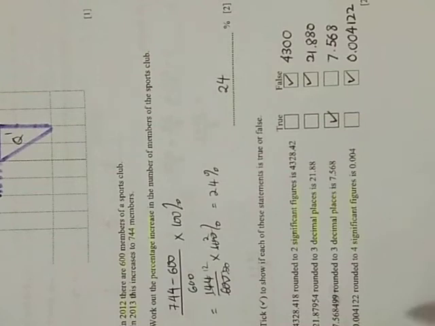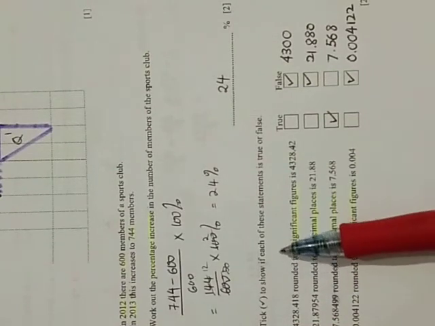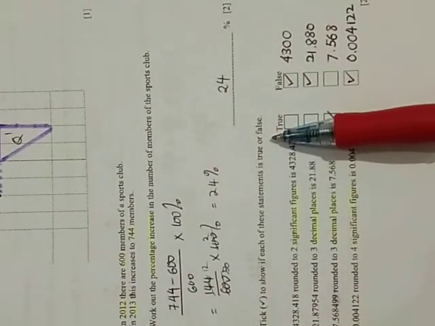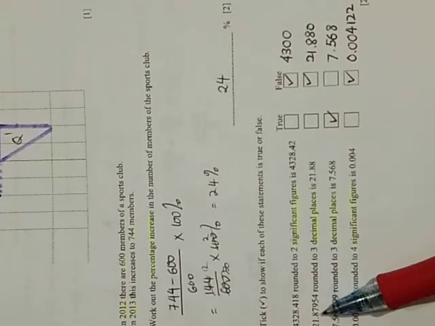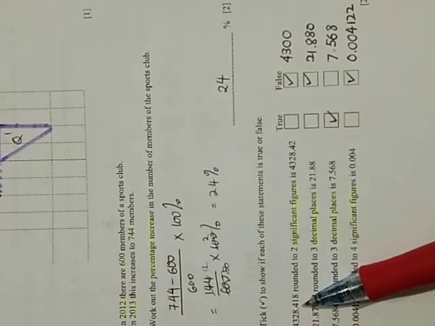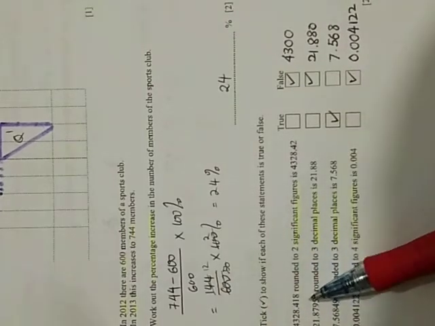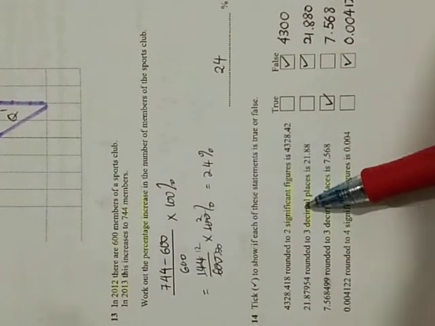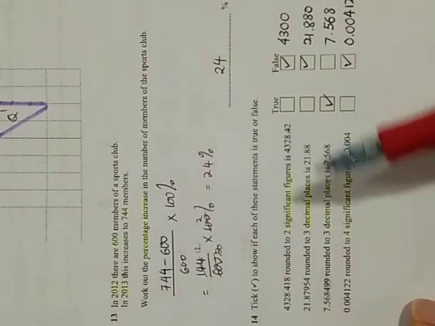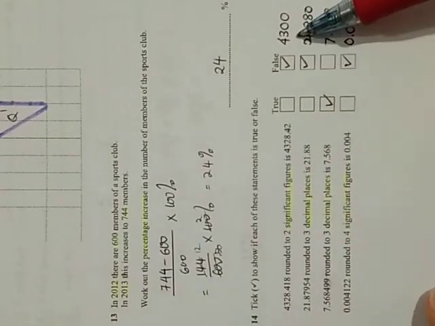And question 14, this is testing us on the basics. Now, tick to show if each of these statements is true or false. 4,328.418 rounded to two significant figures. When you do that, you should get 4,300.